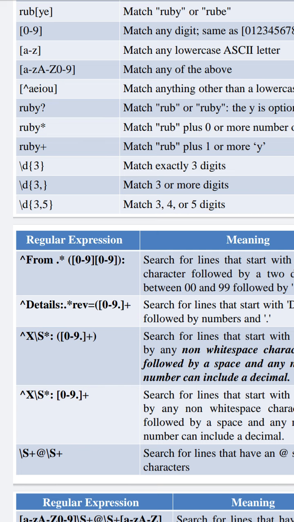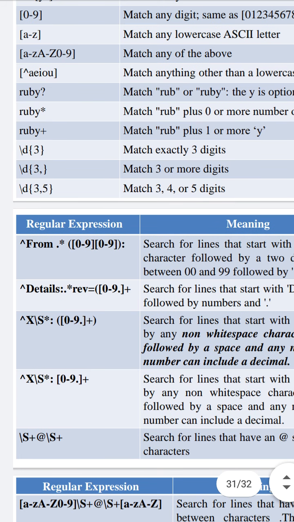If we write the same caret symbol outside the square bracket, it means beginning with that particular character or string. In this example, we are using the caret inside the square bracket, hence it says anything other than what we have mentioned, which is lowercase vowels.